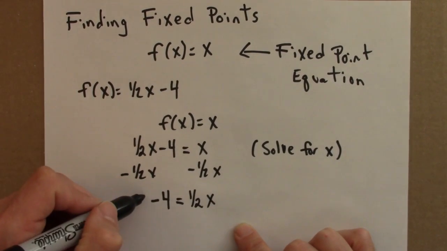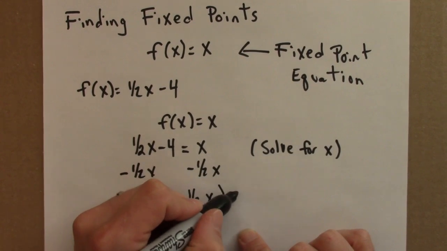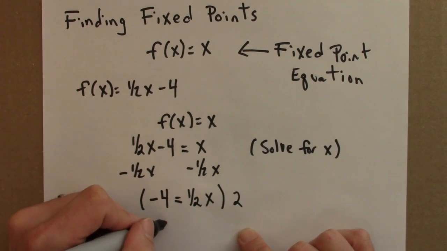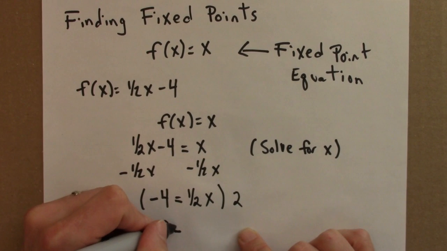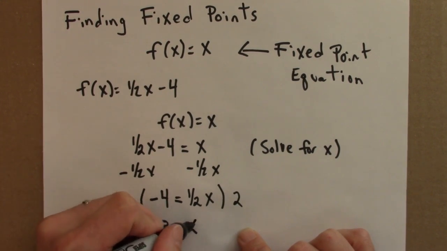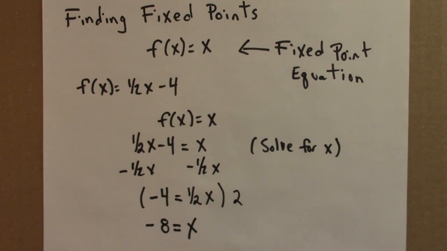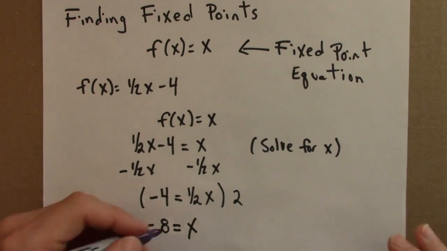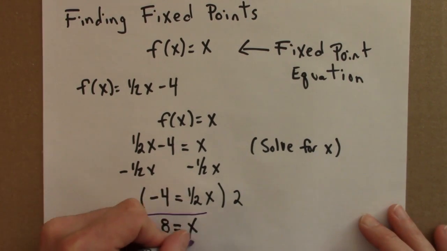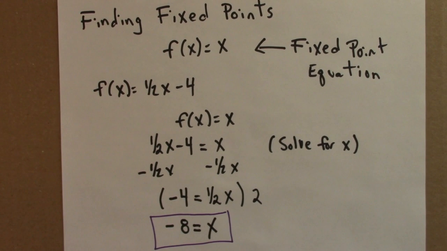Then if I multiply this equation through by 2, I get that minus 8 equals x. So that should be my solution. The fixed point is x equals minus 8.